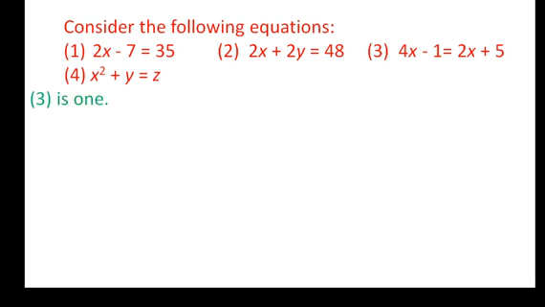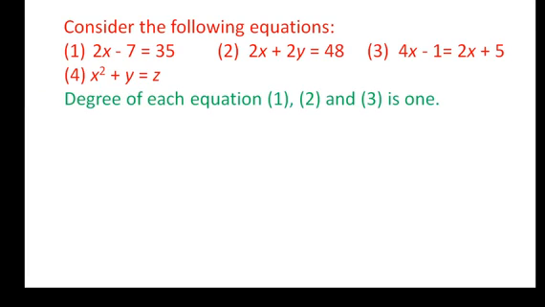But what we have to learn from these equations is the degree of each equation. Degree means the exponent of the variable. The exponent of the variable is called a degree. Here x is the variable. Its exponent is nothing but 1. Is anything there? No. That's why we are taking 1 here. I will show you once.